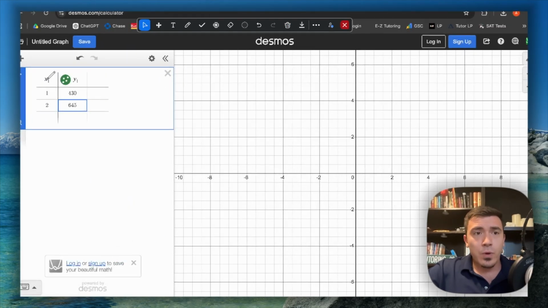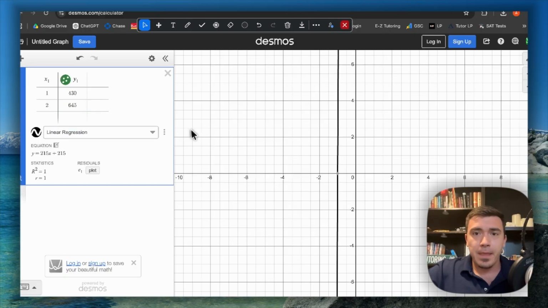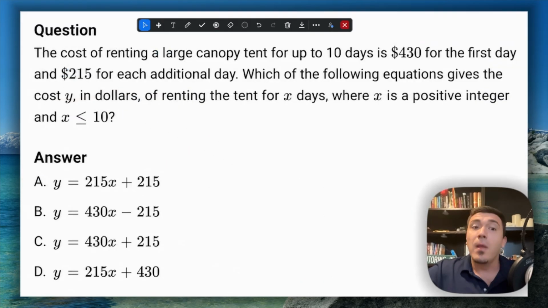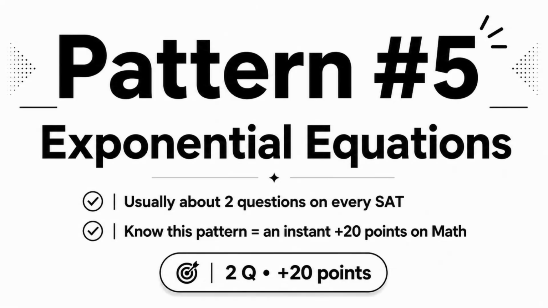And when I do, I just tap this lovely button right here that says add regression. It connects my points. Not only does it connect my points, but it also gets me the equation y equals 215x plus 215. So just like that, my answer is A. Again, something to watch out for in the future. Very common wording from the SAT.